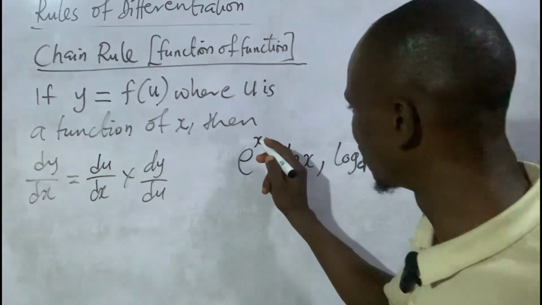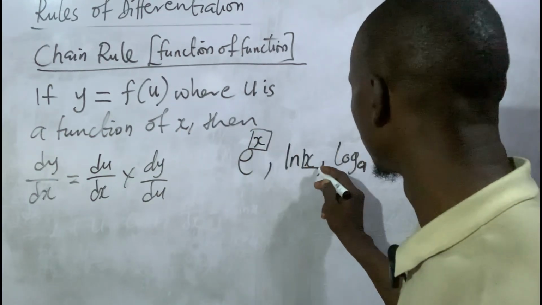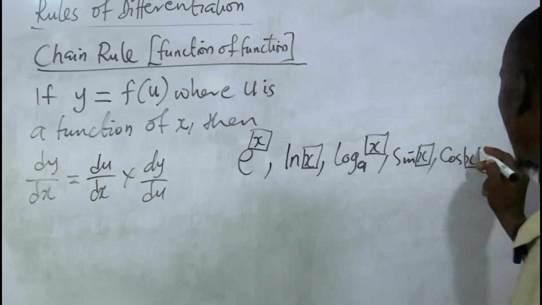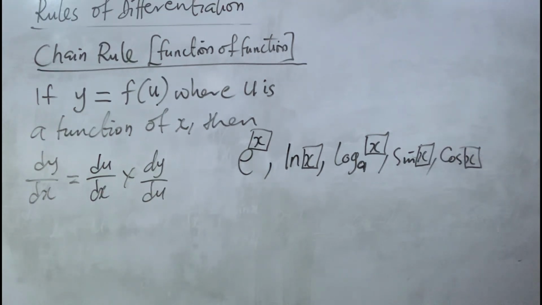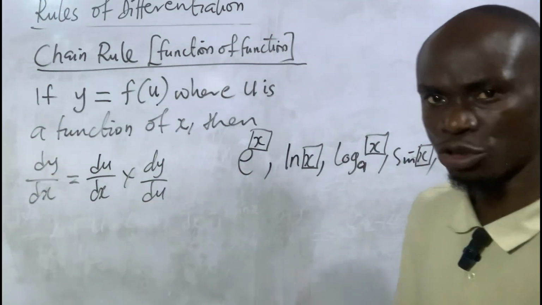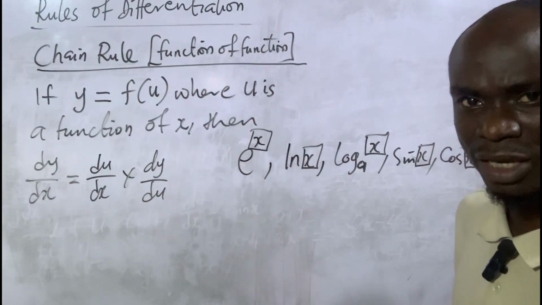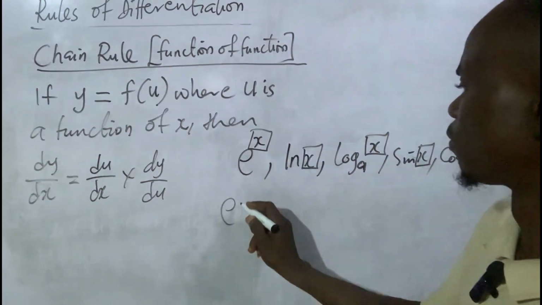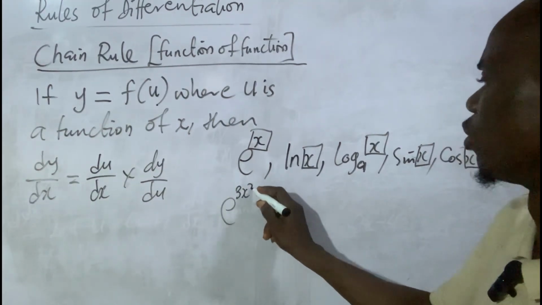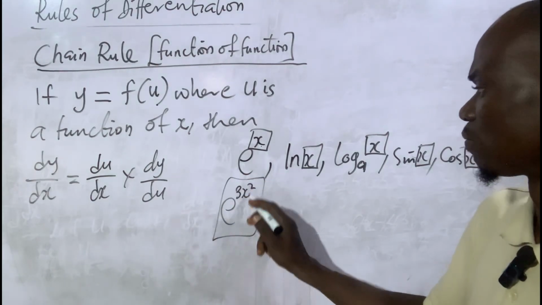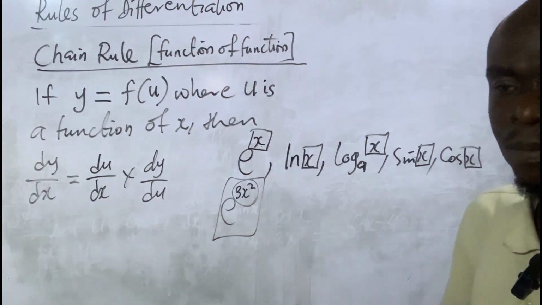So whenever the x you are seeing here is replaced by a complex function of x, that is not an ordinary x, it becomes a chain. For instance, if I have exponential 3x squared, since it's not an ordinary x, the power is a chain.